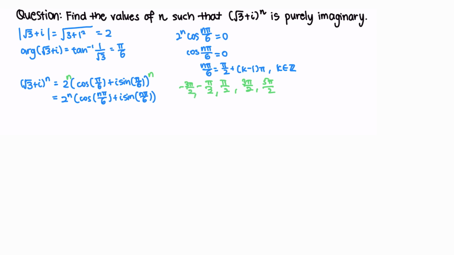Okay, so this formula over here that we have is correct. Okay, if I times 6 to everything, I'll get that n pi equals 3 pi plus 6 k minus 1 pi. And if I divide everything by pi, I'll get 3 plus 6 k minus 1, which will simplify to 6k minus 3. Alright, so we have solved this question.